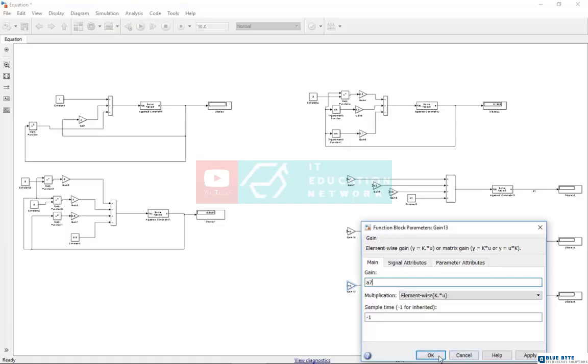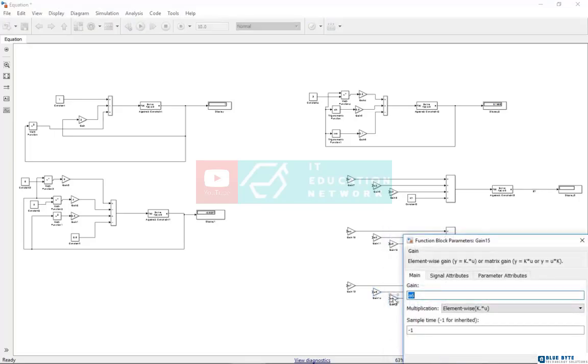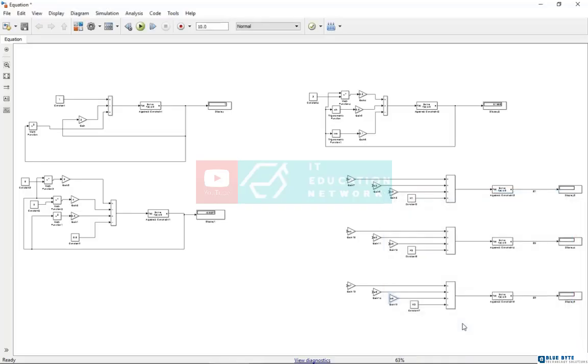A7, A8, and A9. Although the system is a little complex, it's just copy and paste, and it is very easy.